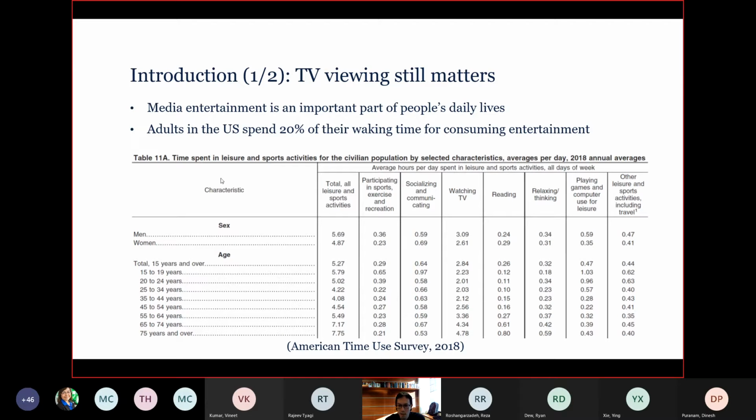It shows that adults in the US spend 20% of their waking time consuming entertainment and watching TV. If you look at the watching TV column, the American male adult on average spends 3 hours in front of TV, and women spend 2.61 hours in front of TV. That's a lot of time. So we spend a lot of time in front of TV still in 2018.